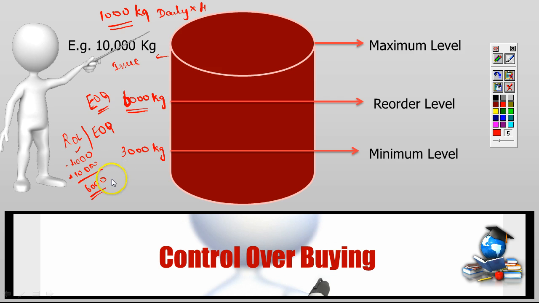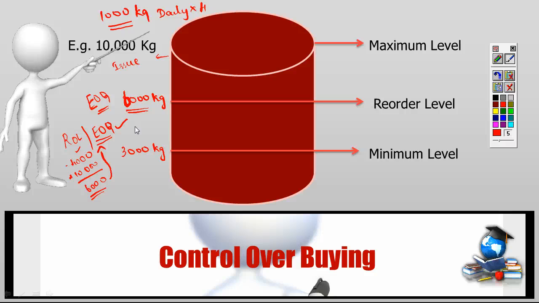As soon as the ROL level is reached, you will go and order fresh supplies. What is the quantity that you will buy? Based on EOQ. This is a basic understanding that you have to get. So on the 5th day, Friday, 1000 units will go. Then on Saturday 1000 units will go. 6th day, correct? Then Sunday is off.